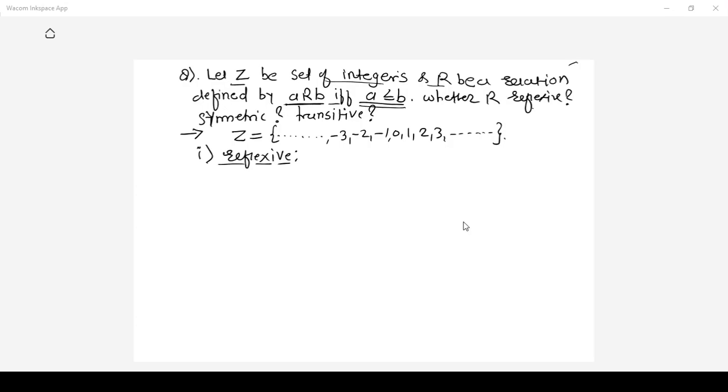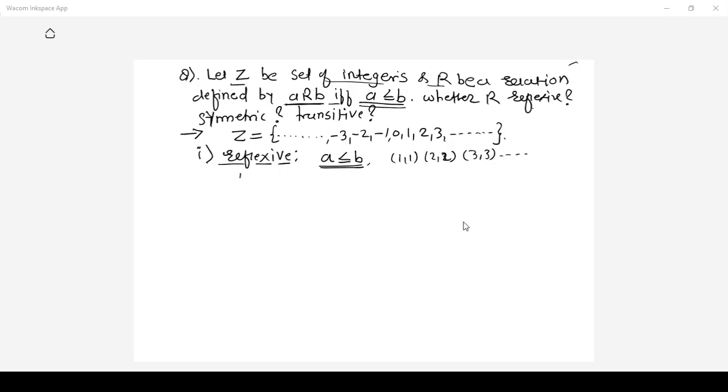So for the reflexive relation, the given relation is defined like A is related to B if and only if A is less than or equal to B. And for reflexivity, we want the pairs like (1,1), (2,2), (3,3), and so on. According to the relation defined, A is less than or equal to B, and every element is equal to itself.